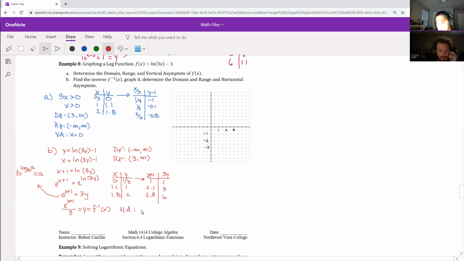It will be at y equals 0, right? Which makes sense because it's just the flipped version of the vertical asymptote. So the vertical asymptote is at x equals 0. Oh man, on my notes I zoom in on a whole bunch of stuff and it's way easier. Horizontal asymptote.